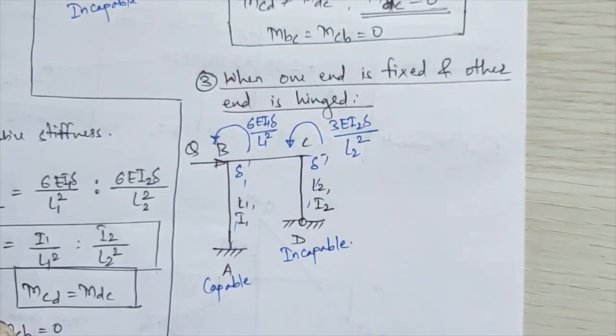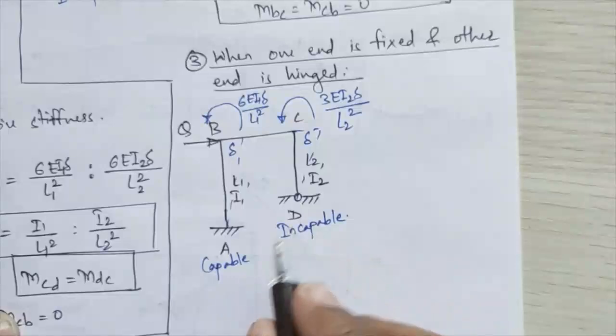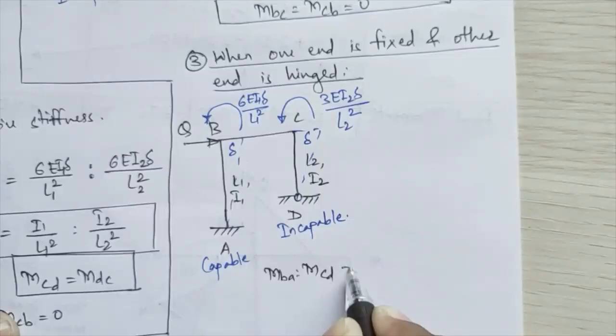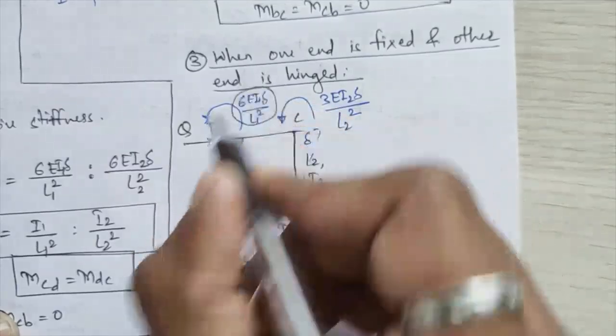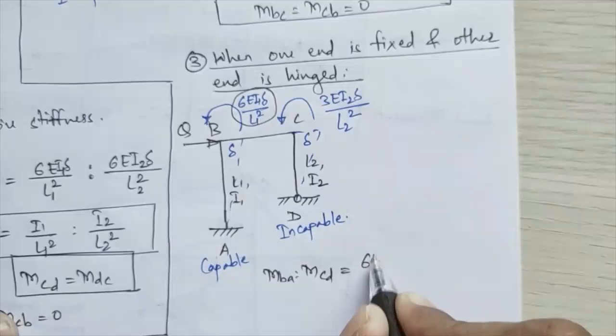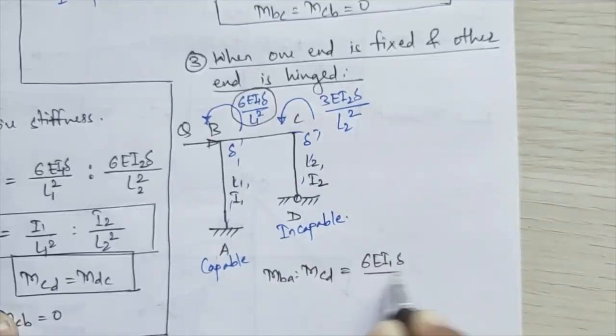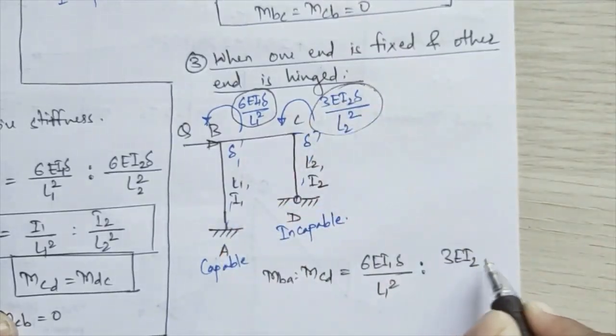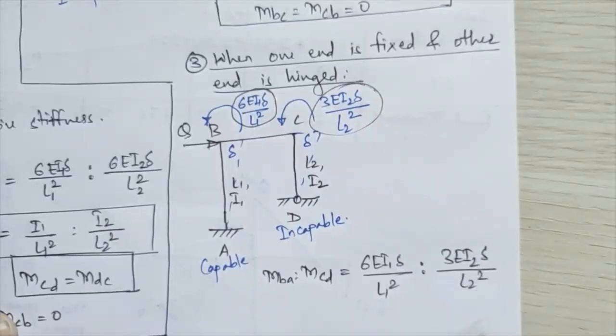Okay, so if I now take the ratio of these values, that is MBA is to MCD, MBA I am getting 6EI1 delta upon L1 square, is to MCD value, 3EI2 delta upon L2 square.